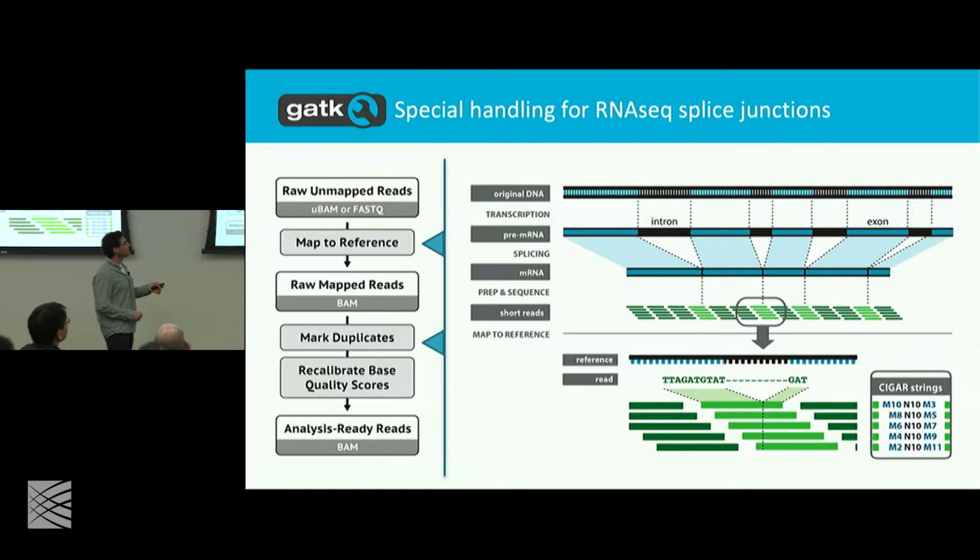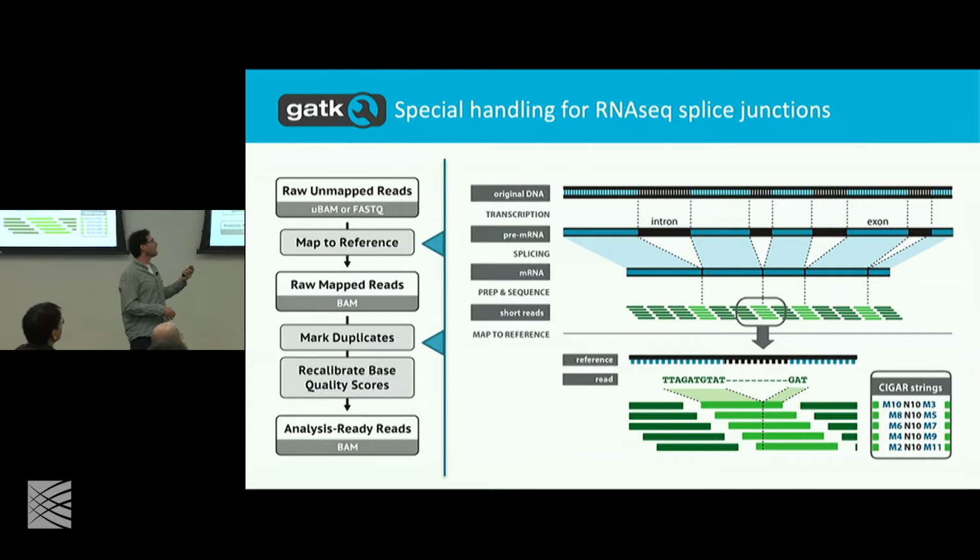This N operator is different from an insertion because it doesn't carry the penalty of an insertion. Basically, it's saying there's an intron here, so it looks like a large deletion in the read, right? Because I effectively deleted the exon. As far as the read's concerned, the exon has been deleted, but I'm not going to call it a deletion. I'll call it an N, a skip, a gap.